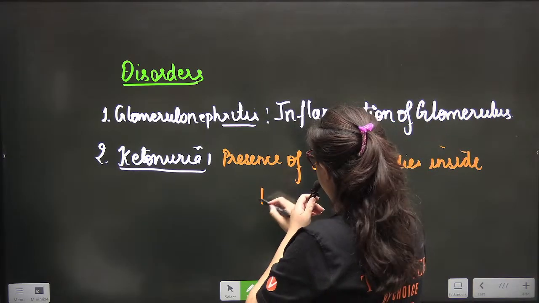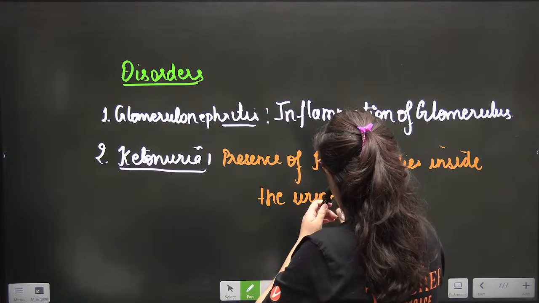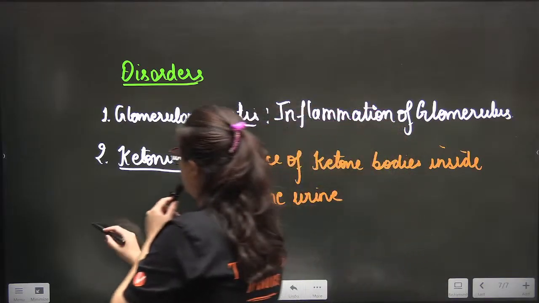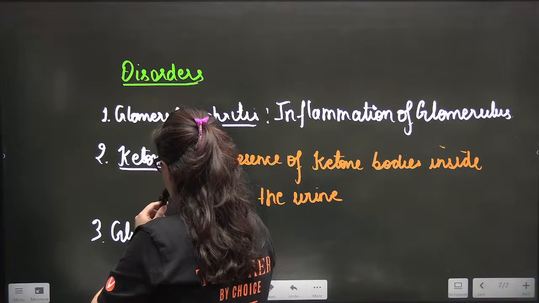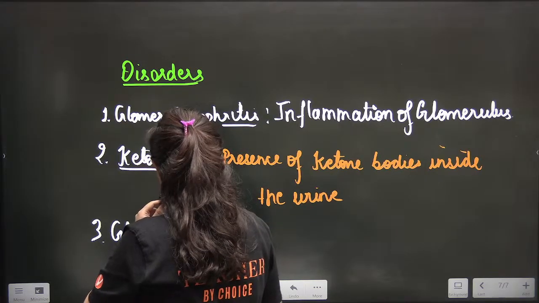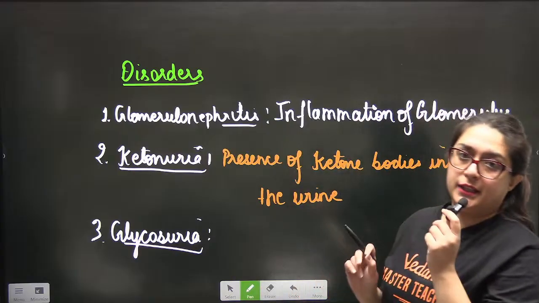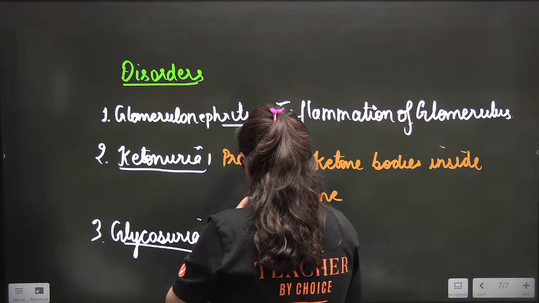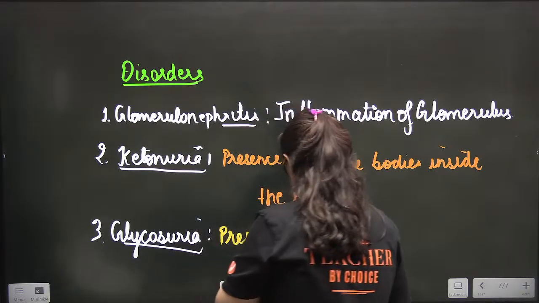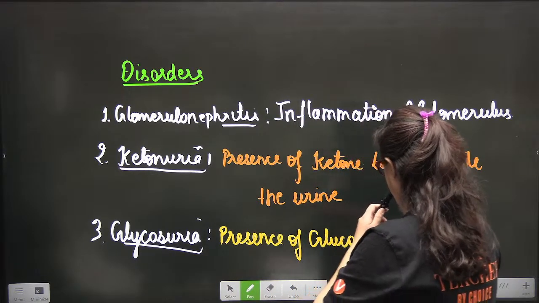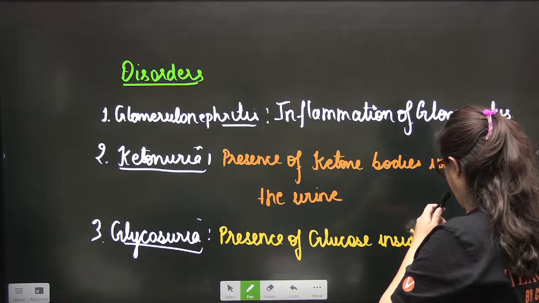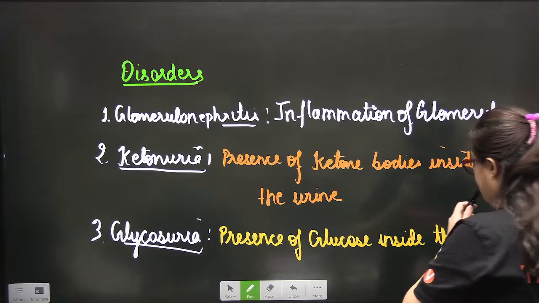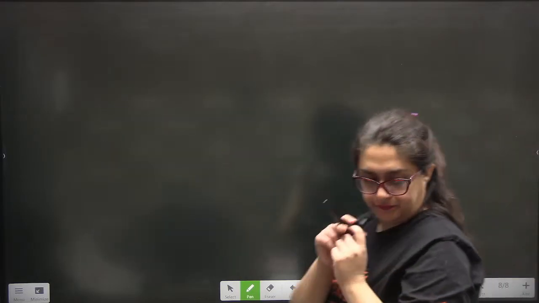Third is glycosuria, presence of glucose inside the urine, indicating diabetes mellitus. Done? Is it clear?